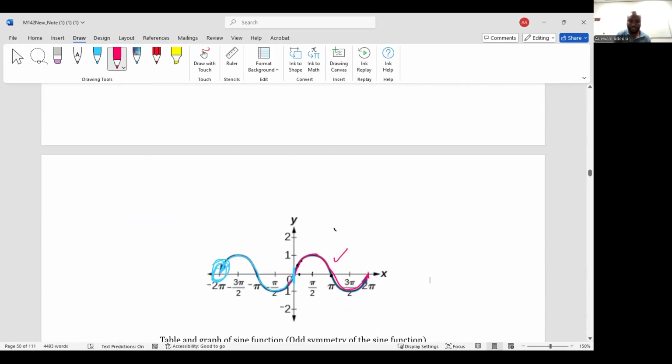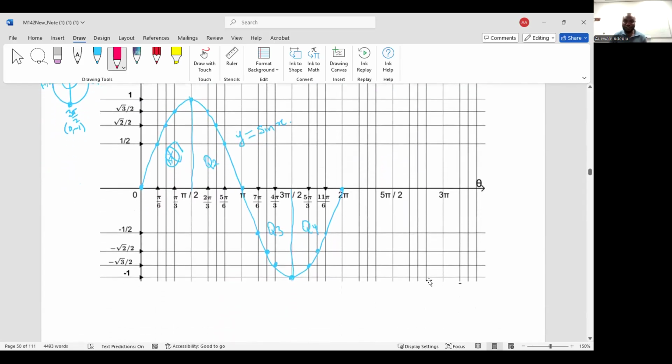Let us go back to the sine function. If you notice, every angle from here onward, we are going to have situations like this, and so on.